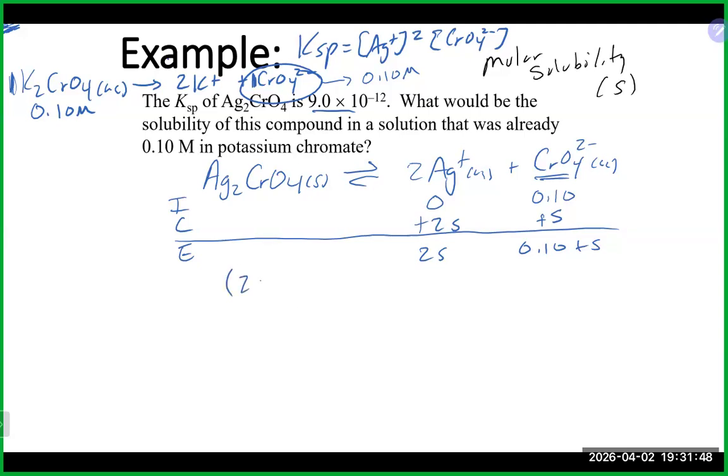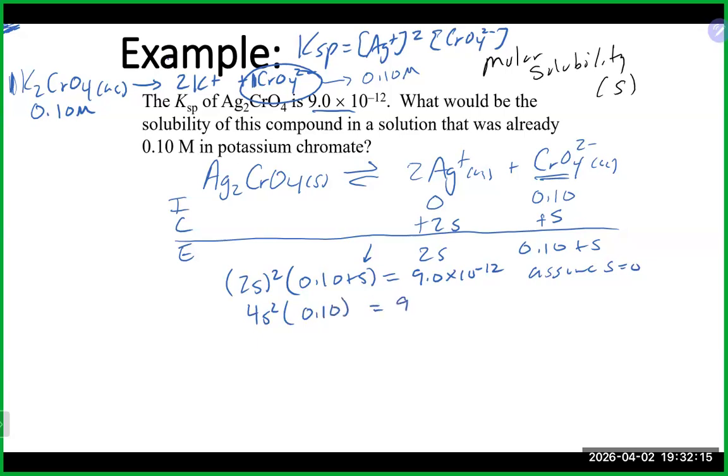So that's going to be 2s squared times 0.1 plus s is equal to 9 times 10 to the minus 12. Once again, small Ksp value, we could assume s is equal to 0 in this case. It is the s that, in most cases, you're adding to a number. That is going to give us 4s squared times 0.1 is equal to 9 times 10 to the minus 12.